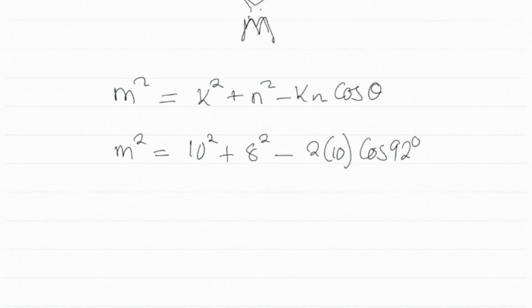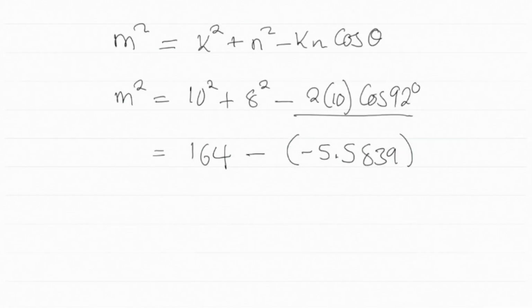Then when we simplify that, we are going to have 164 minus negative 5.5839.